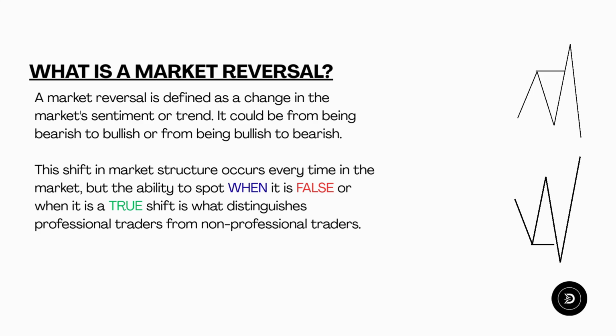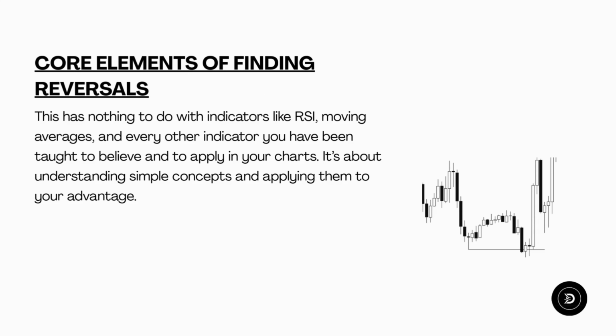Okay, so the core elements of finding reversals. This has nothing to do with indicators like RSI, moving averages, and every other indicator you have been taught to believe and apply in your charts. Now, am I saying that those things don't work? Probably they don't. I don't know.